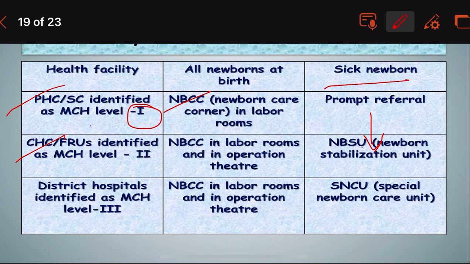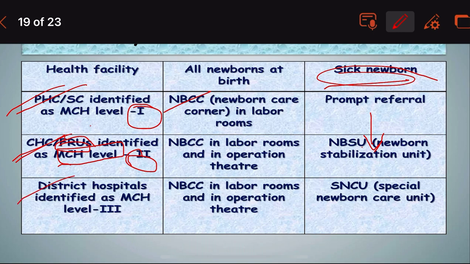Then we have the PHC, primary health center, and the CHC, community health center, which acts as the first referral unit, identified as maternal and child health level 2. We provide the NBCC in labor rooms and operation theaters, and the NBSU, newborn stabilization unit, in cases of sick newborn.